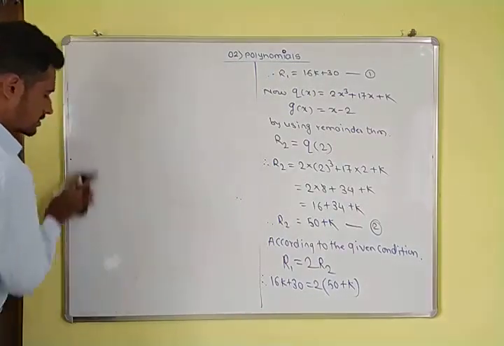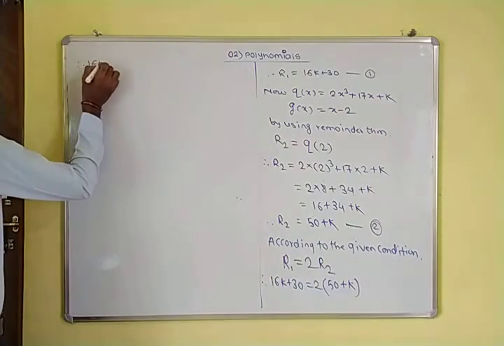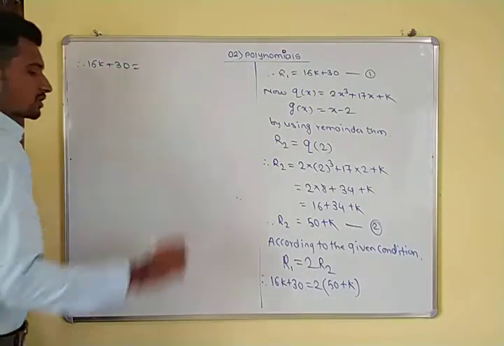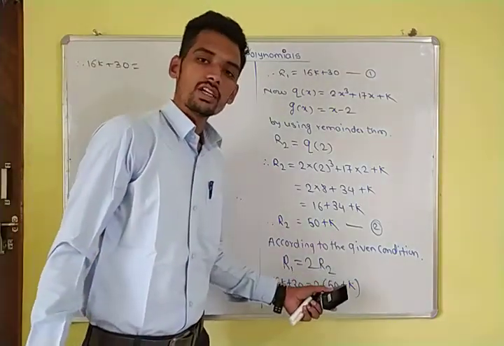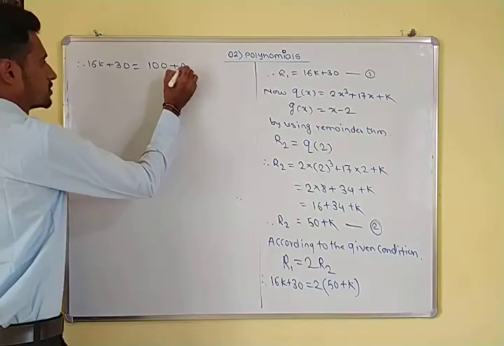Therefore 16k plus 30 is equal to 2 into 50, that is 100, plus 2 into k, that is 2k.